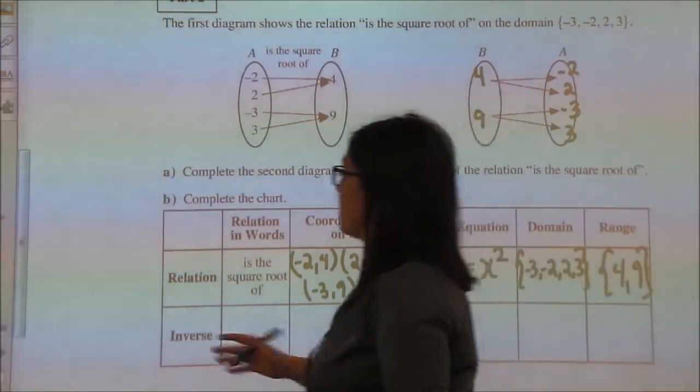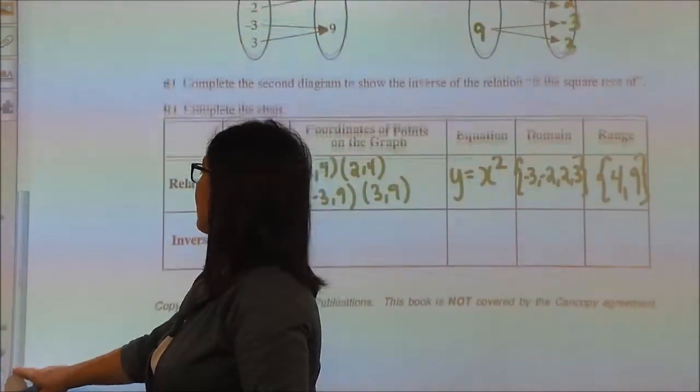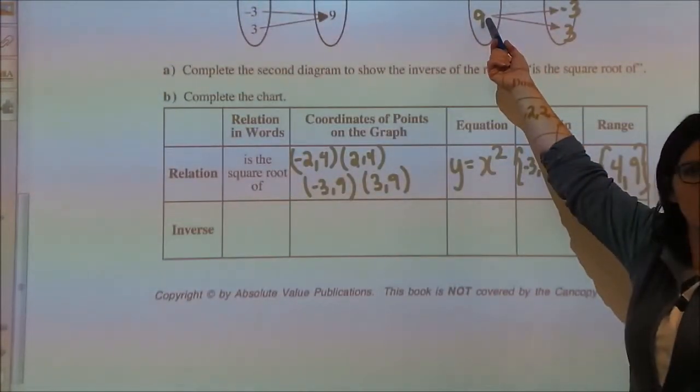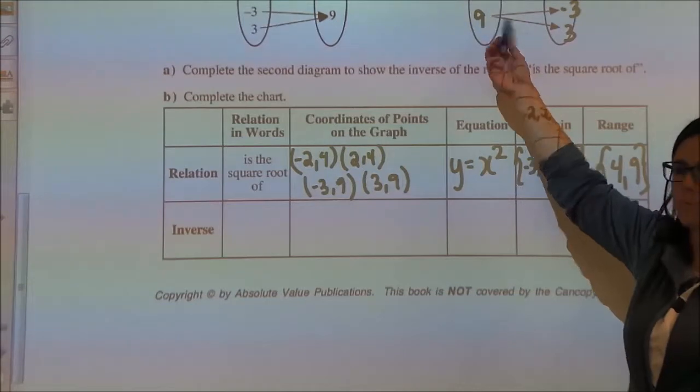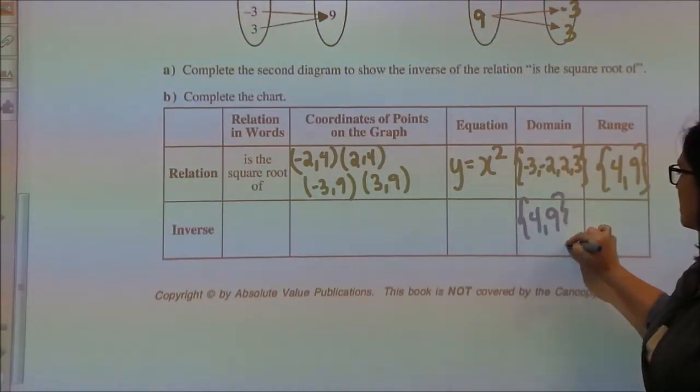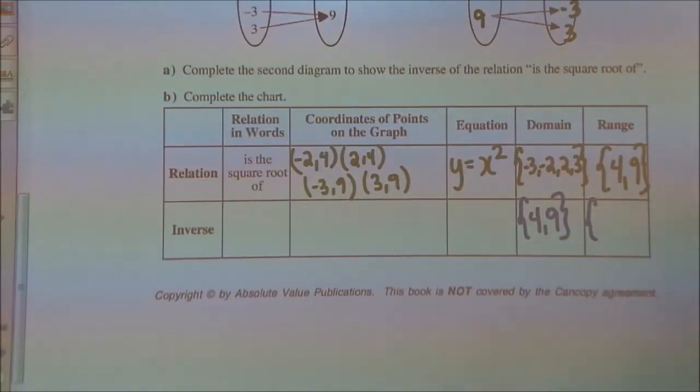So now we're going to look at the inverse. So with my inverse, my new domain is my 4 and my 9. What's my new range?